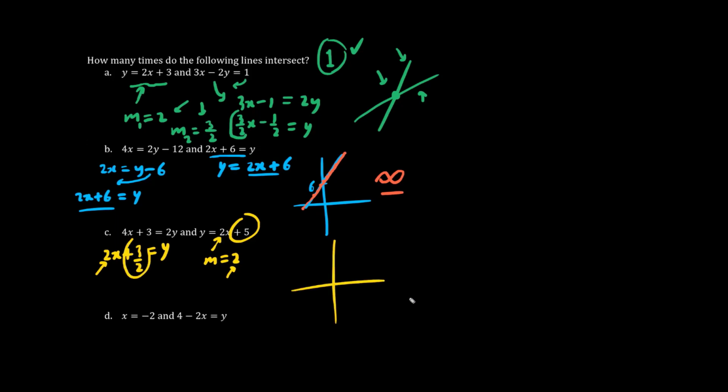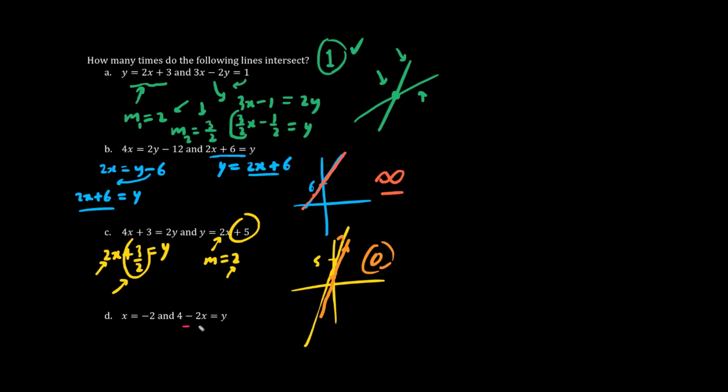So essentially, we have the first line with a y-intercept of 5 with a slope of 2, but the second line has a y-intercept of 3 over 2, or 1.5. So the second line is just underneath the other line. They're not touching, they're parallel. So we'll say there's 0 solutions, they never hit.